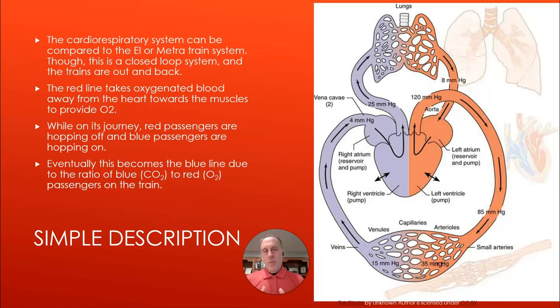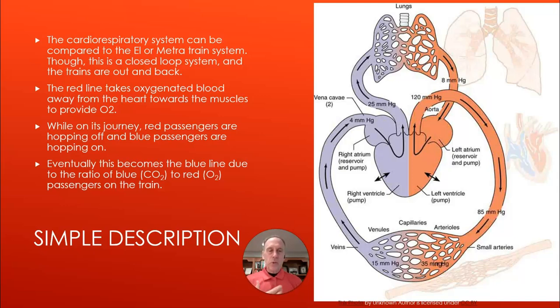The way I describe it to my clients is the red line, which is not, blood is red no matter what, but the red line takes oxygenated blood away from the heart out to service the muscles in the body. And while it's doing that, the passengers of the red line, the red blood cells, are jumping off, and then blue are jumping on.